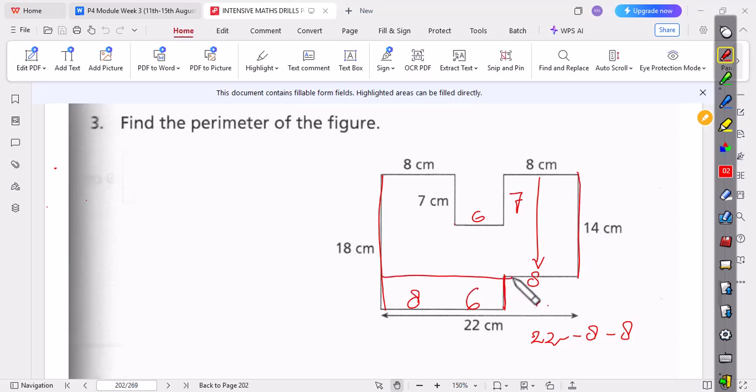This one is 14, it means this one must be 4 as well. So we got all the numbers. This is 4, 8, 6, and 7.